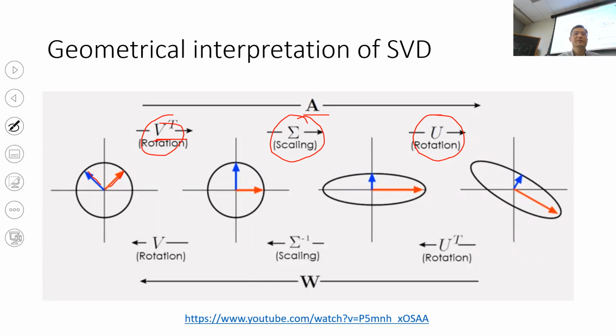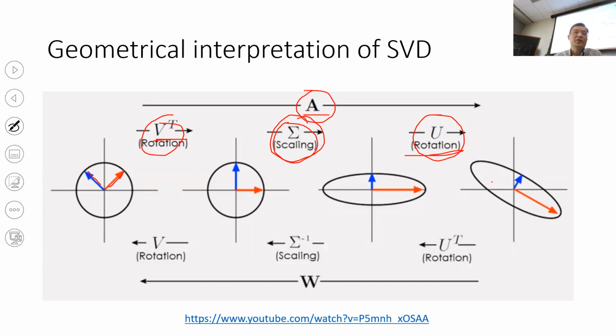You rotate them first. Then the values in the sigma rescale the magnitude of your data points, no direction, no rotation, but rescale it. And then you do the rotation again using the U. So the whole operation A can be decomposed into three sections: two rotations, one stretching.